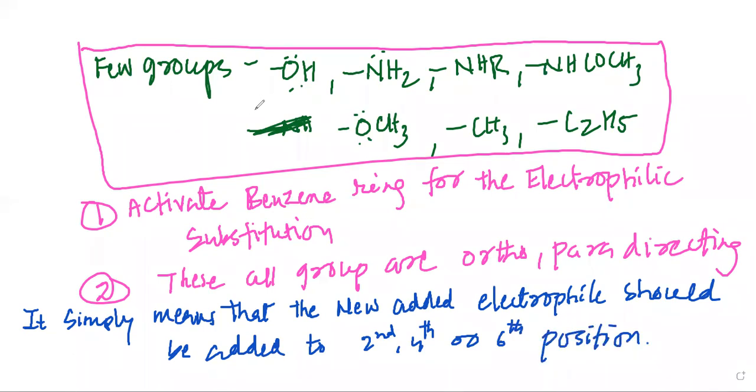So please learn these groups, my dear students, which are ortho-para directing. Please remember, they activate the ring, and that is why they are known as activating groups. They are also called ortho-para directing groups.